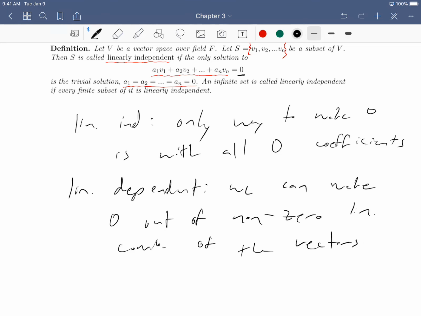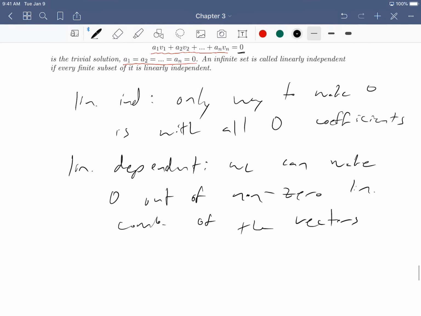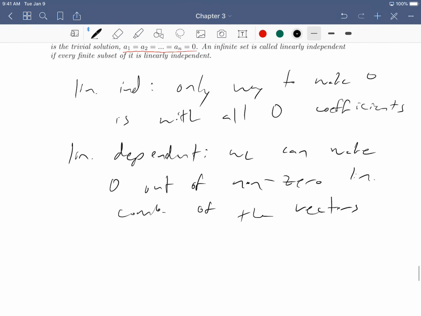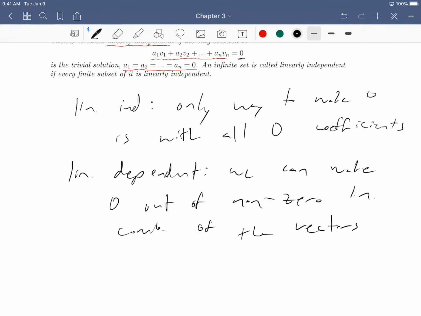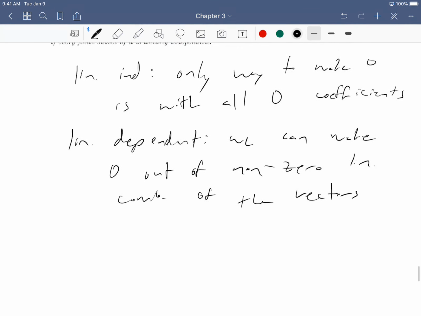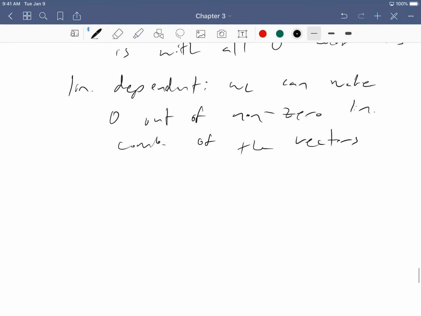All right, so if we can do that, then what we're saying is that there are some redundant vectors in there. And this lets us, instead of having to decide which one is going to be the redundant one, just set up this equation with 0 and see if we can find a solution for it.